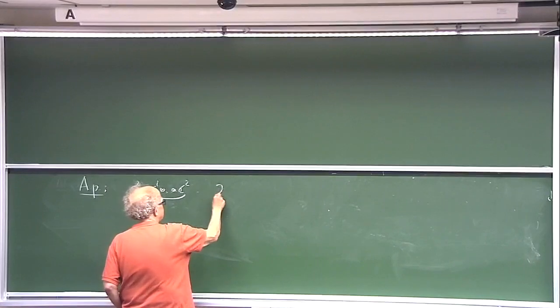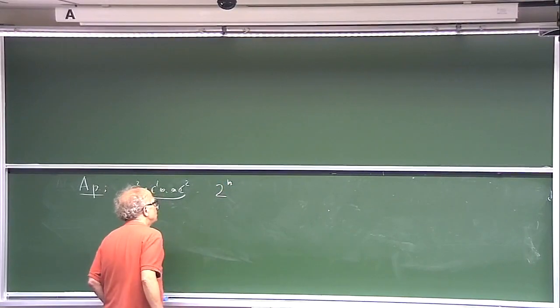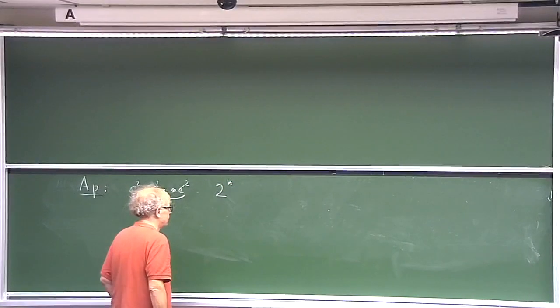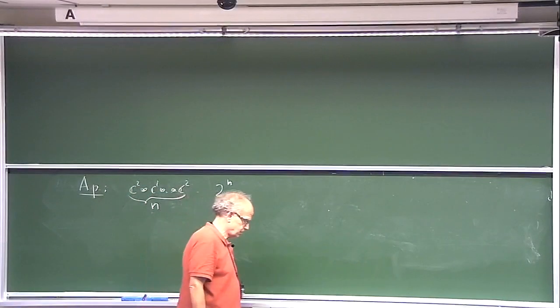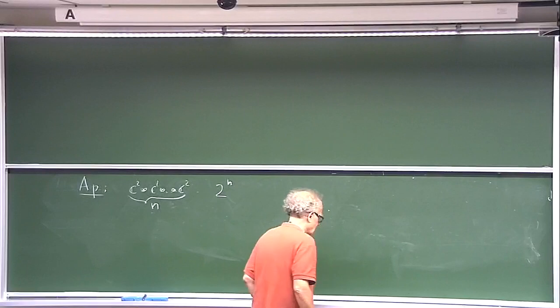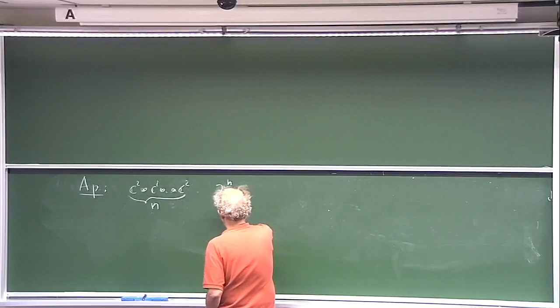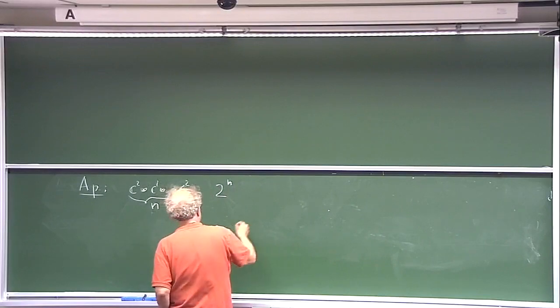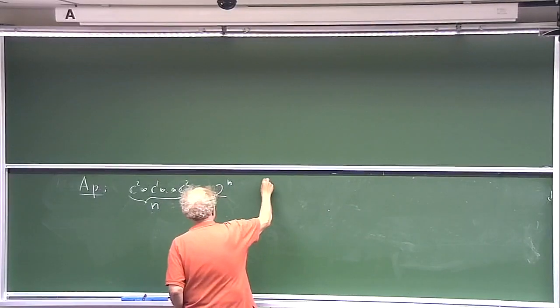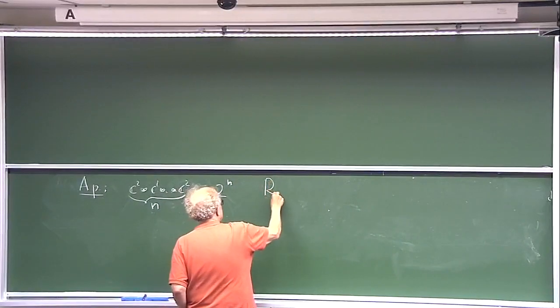As a result, it gives me a vector space of dimension 2 to the power n. So for any n, I get some vector space. Let me denote it maybe by Rn.